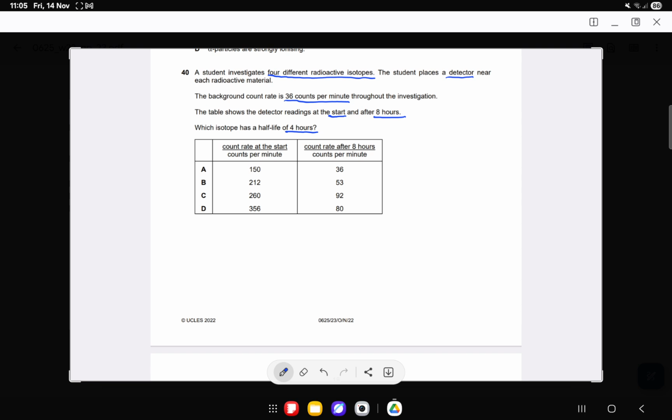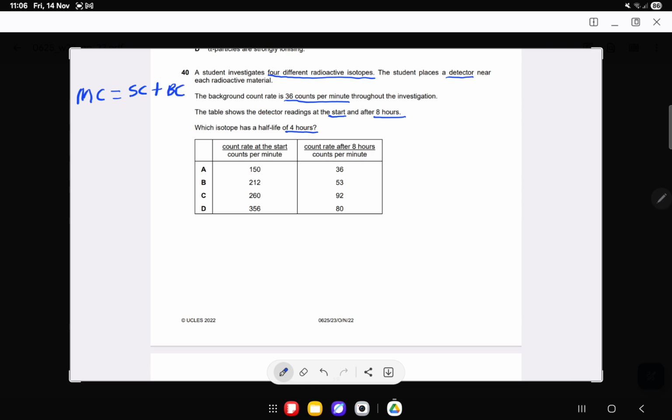with some basic relations. So the first relation, I will say MC, which is the measured count rate. MC, measured count rate, is equal to the sample count rate, so I'll call it SC, plus the background count rate.